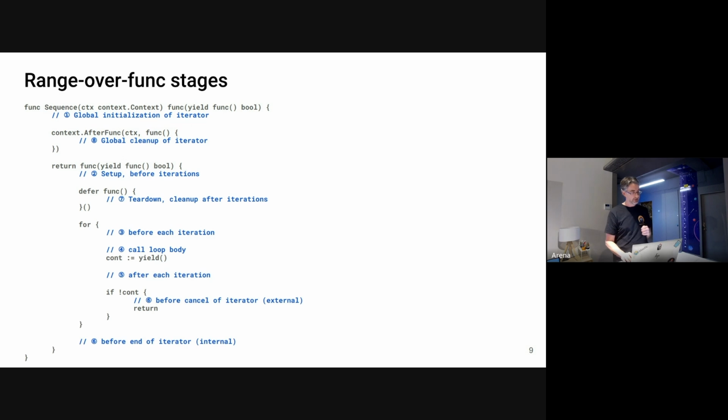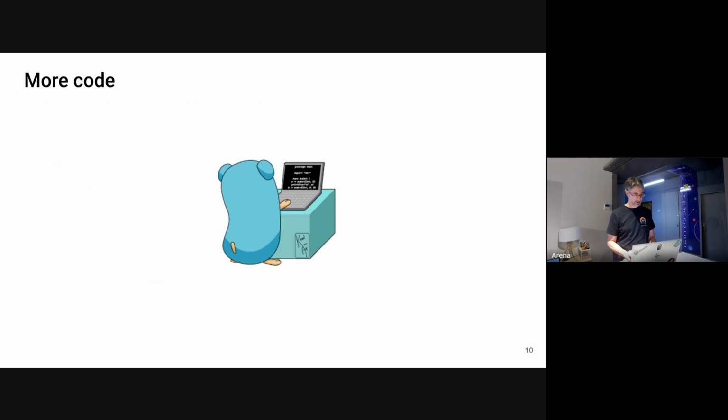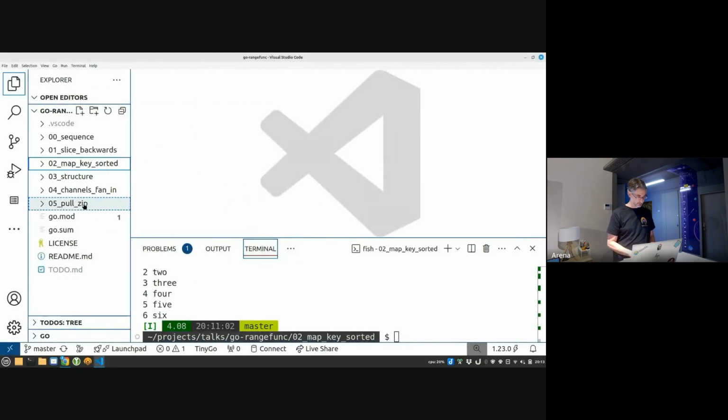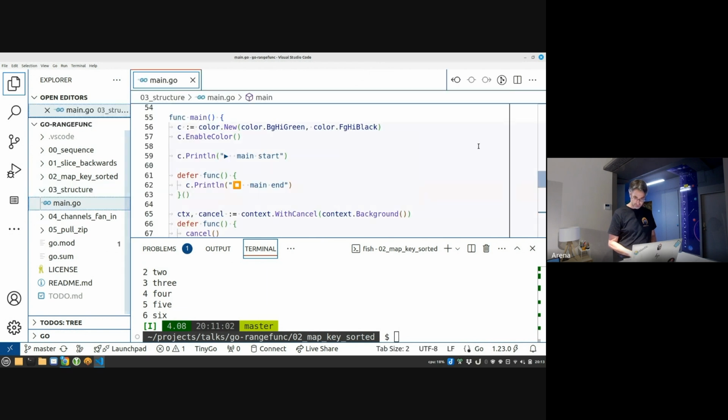And this gives a lot of opportunity for where we can hook in, depending on the situation you face. So again, let's have a look at some code, and now it will become really challenging with this resolution.